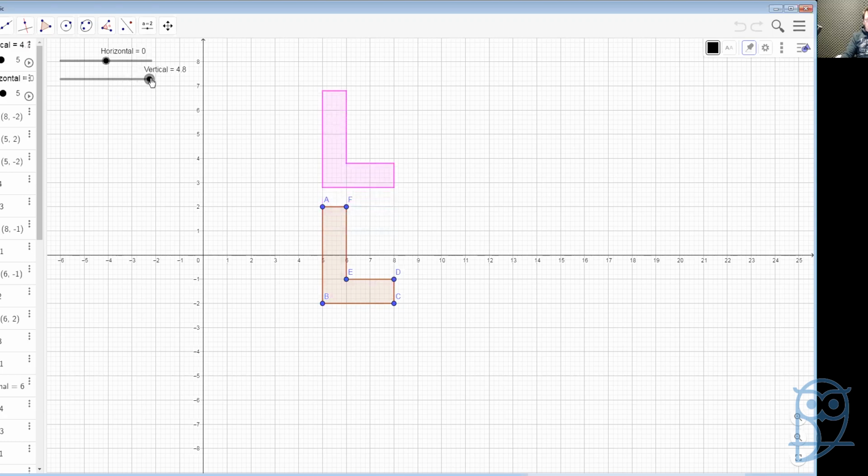So if I, for example, move it 5 units upwards, we can see that every coordinate of the shape has been moved 5 units upwards. So for example, A was at 2, A is now at 7, and that is 1, 2, 3, 4, 5 units upwards. And we can check for every one of the other ones, it is 5 units upwards.